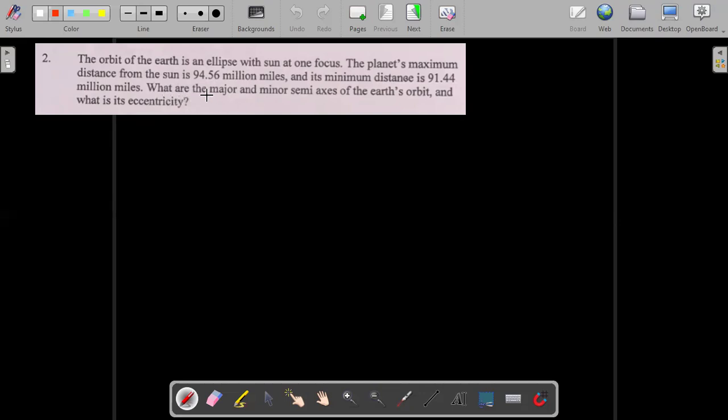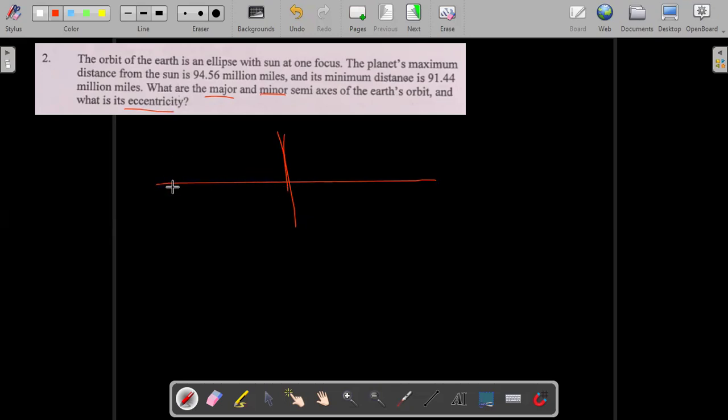So we are asked what the major and minor axes of this Earth orbit are, and what its eccentricity is. Before you are able to answer that, you have to get a graphical representation of what they're actually talking about. So let's consider our x-y plane like this.